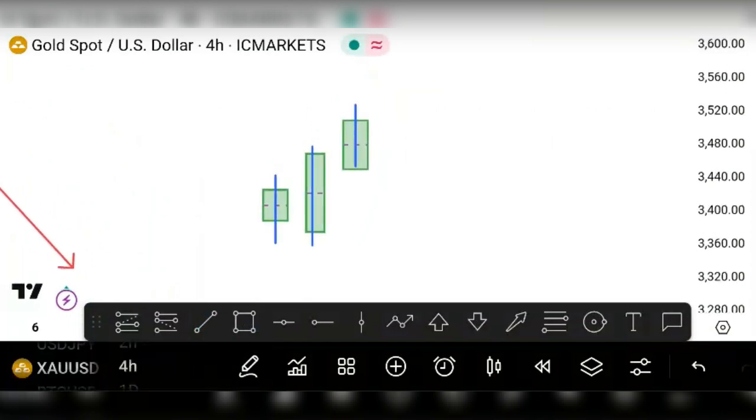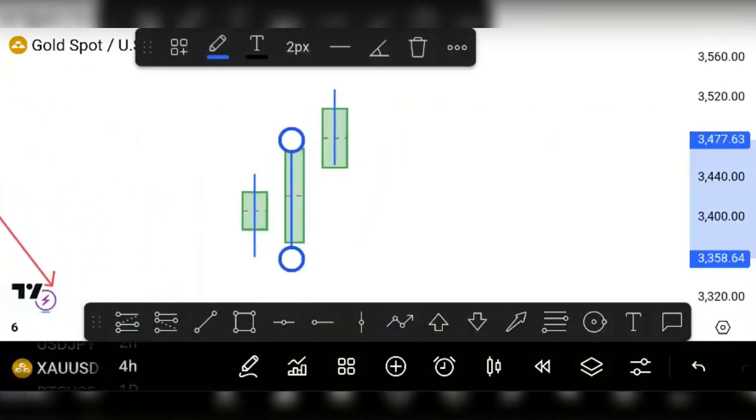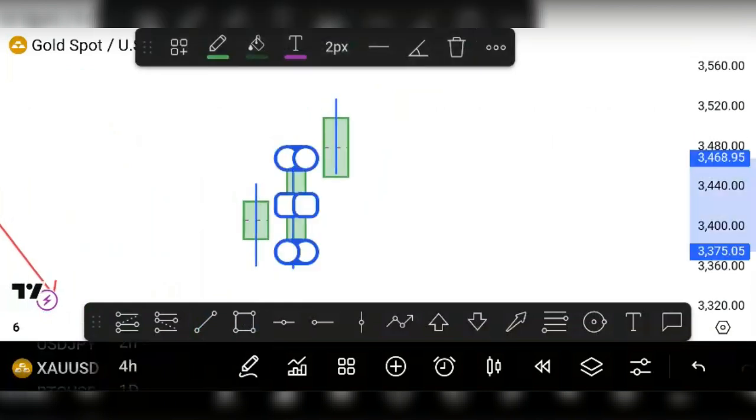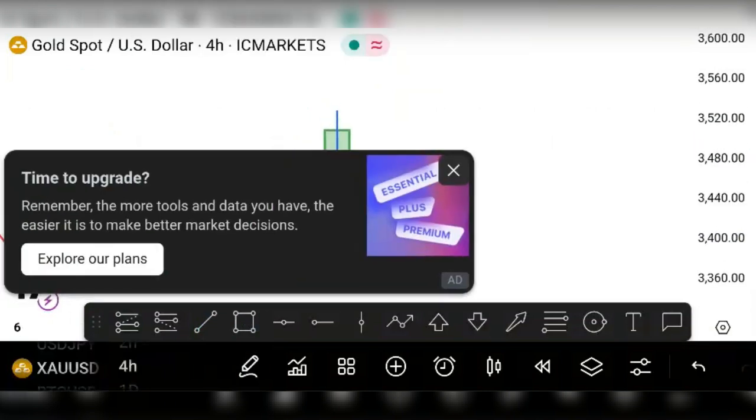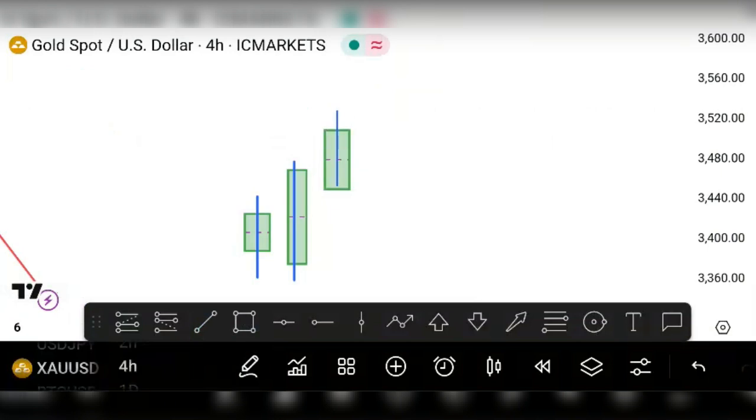Now, I've told you what an imbalance is. I don't know if you remember. I said an imbalance is a huge movement or a huge candlestick. Let's say, for example, I'm just citing an example for you.